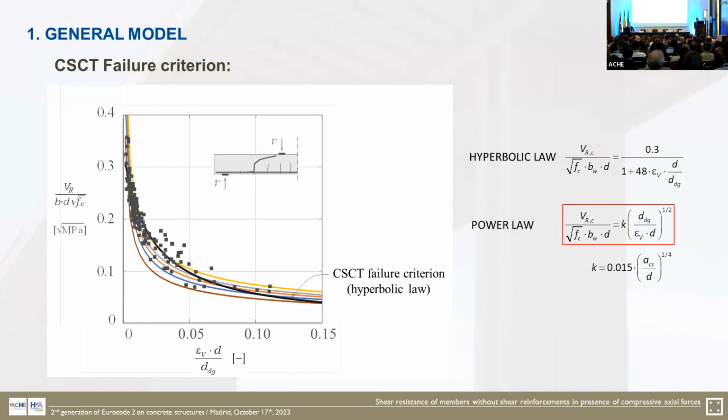This function is parametric with the effective shear slenderness. In the figure, we have shown the power law for the values 1, 2, 3, 4, and 6 of the effective shear slenderness. And for comparison, the hyperbolic law and the test results.